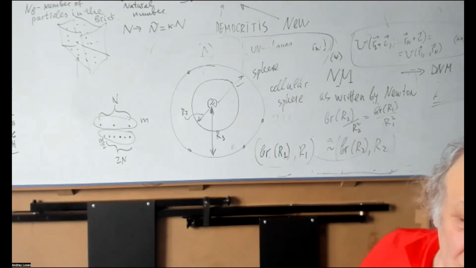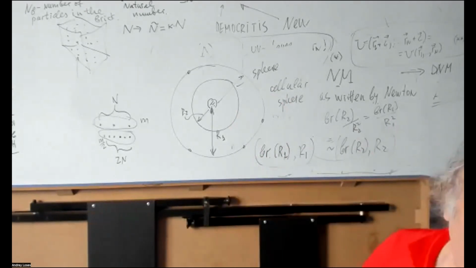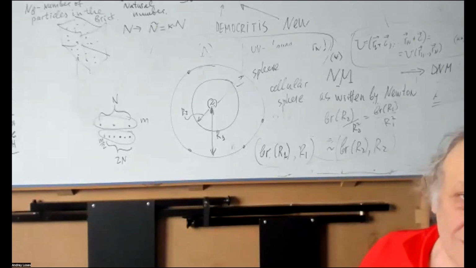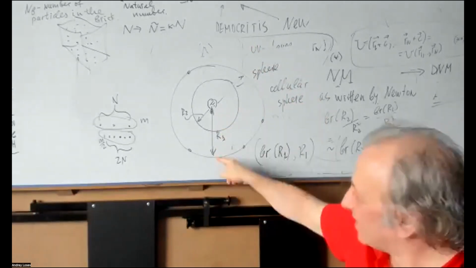The observation would be the same. So it's another renormalization that people could have had a long time ago. Observing stars, they could not determine this radius.